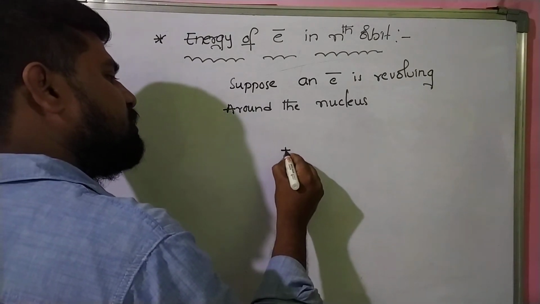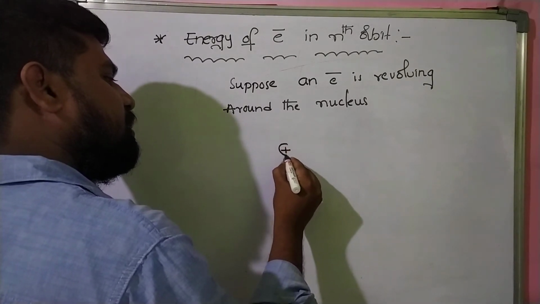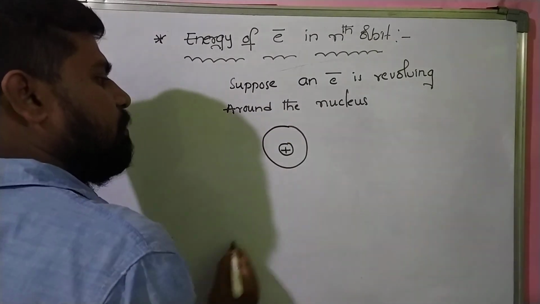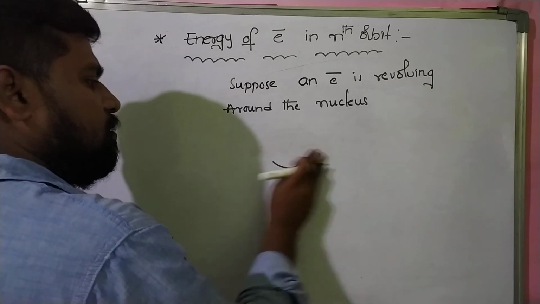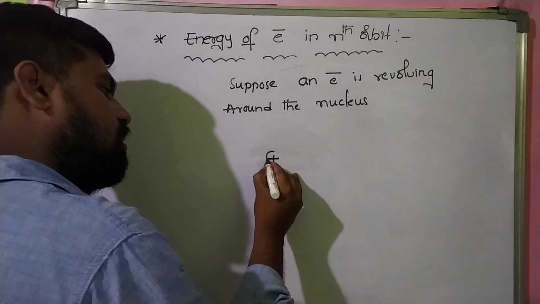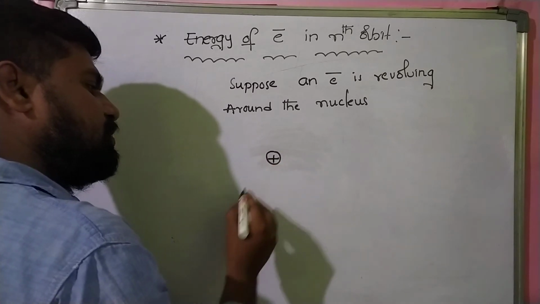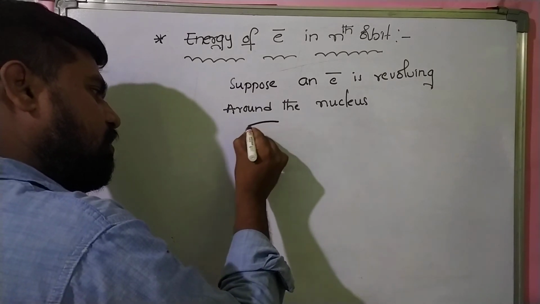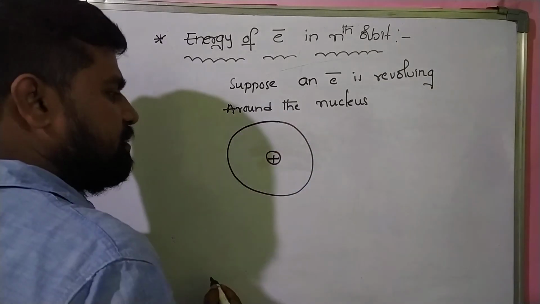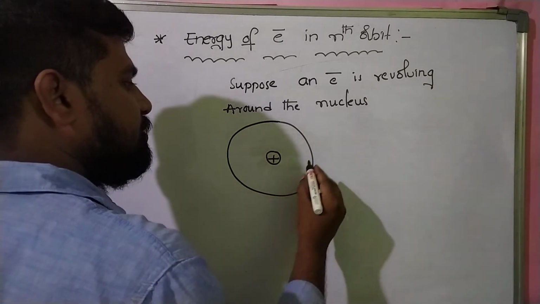This is the positive part of the atom, called the nucleus, and this is an orbit. The electron revolves around the nucleus in a circular path.